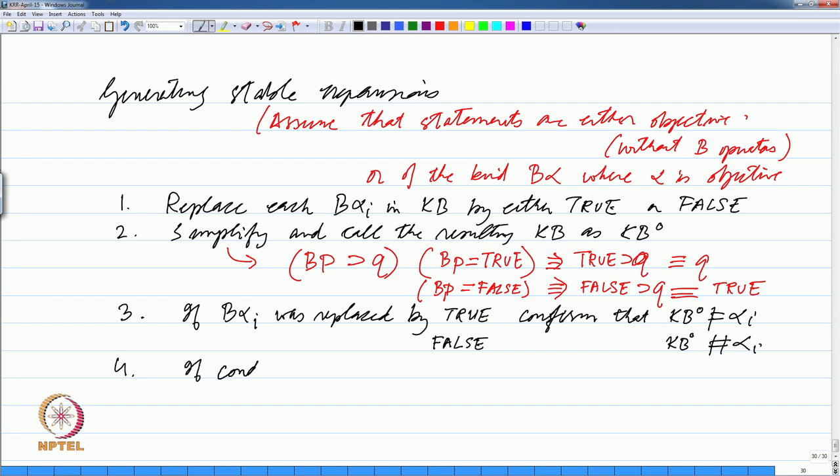If the condition is confirmed for every B alpha I, then output the expansion.